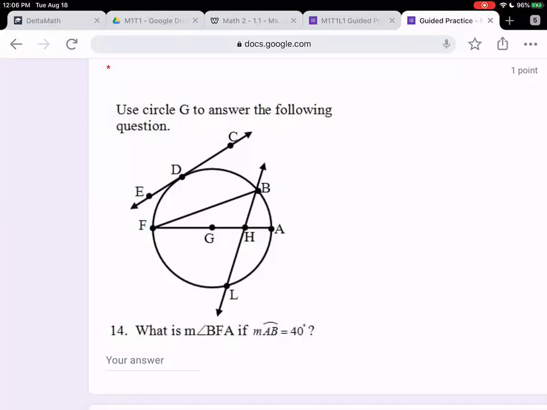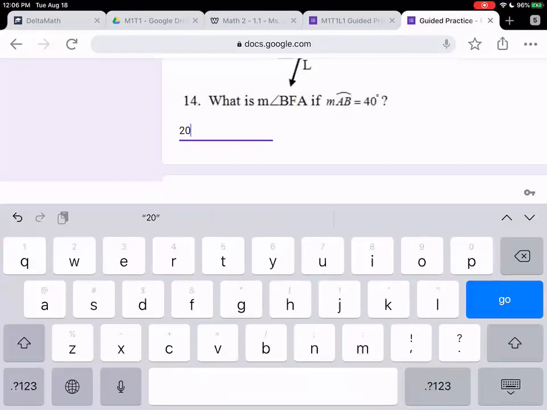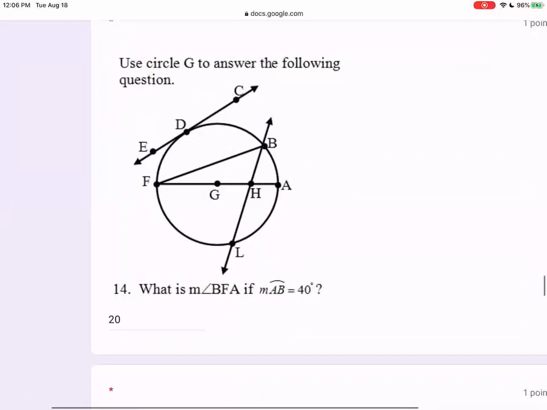The inscribed angle should be half of that. What's half of 40? 20. And it's 20 because according to our notes, the angle at F, BFA, has to be half of the arc measure, and the arc measure was 40. So half of 40 is 20.